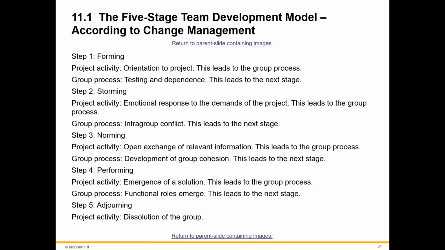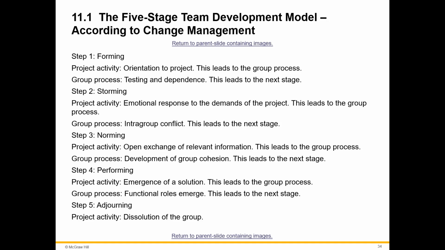We want to make sure we have an open exchange of relevant information. And definitely this leads to the group process, and in the group process, we look at the development of group cohesion. In the next stage, we look at the performance. In performance, we have project activities, and we want to create solutions and outcomes for the project.